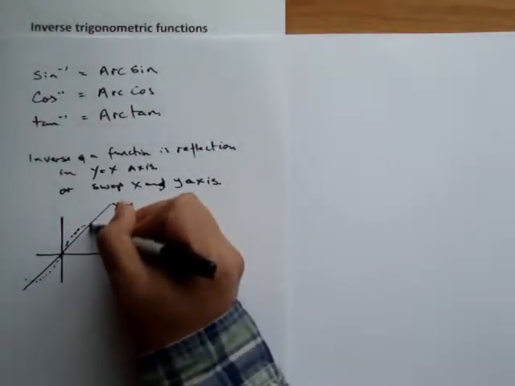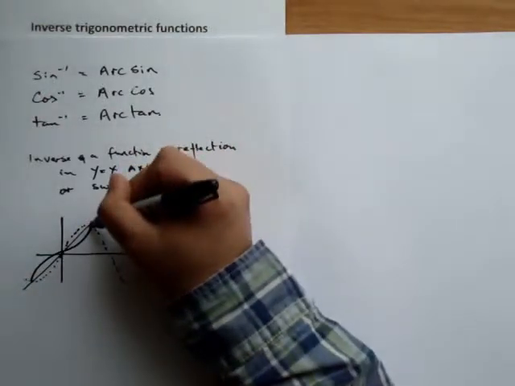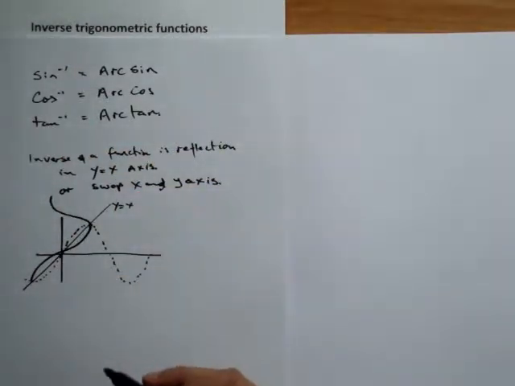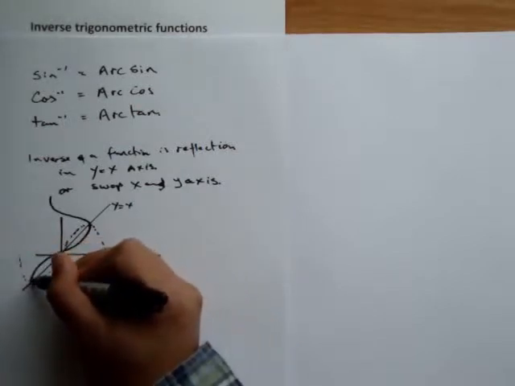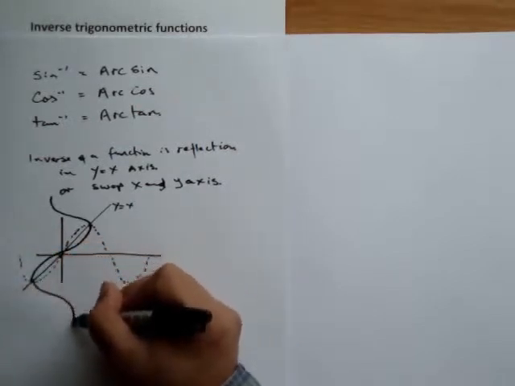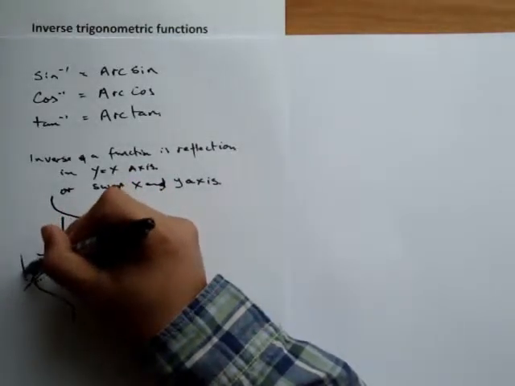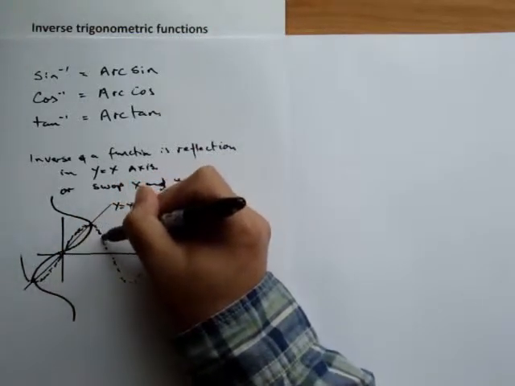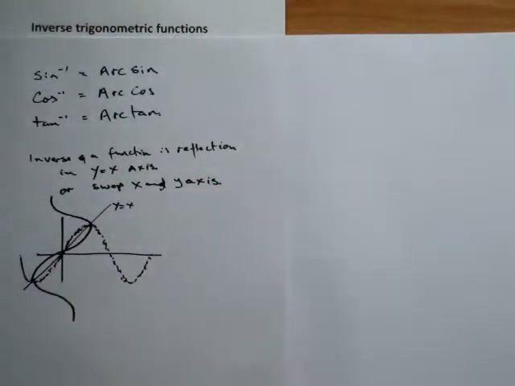We get a curve that goes like this, and then it goes around like that, and similarly, because this follows around like that, it would go like this here. So this is the original sine curve. Let's draw it a little bit lighter. And that is the arc sine.